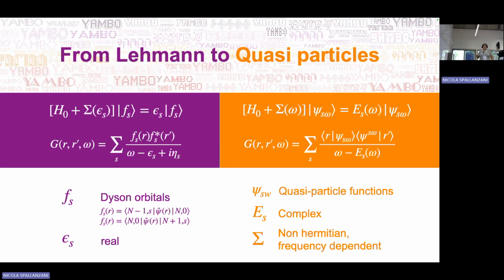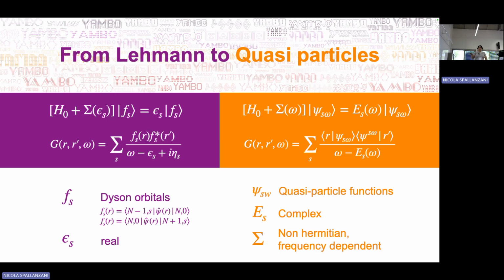And we had this Green function that had a very large number of poles that were given by this energy here, and we want to reformulate our problem in a different system that we call a quasi-particle system that now has fewer poles.